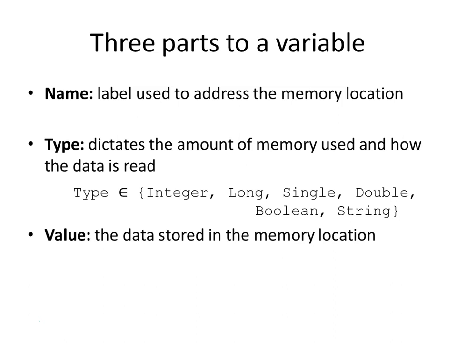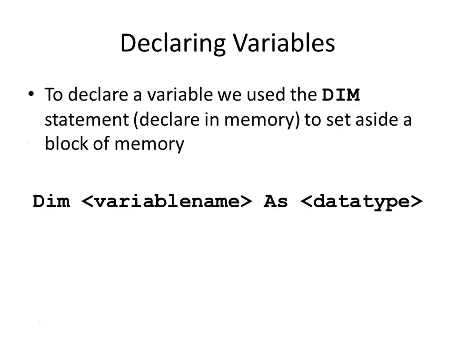You'll notice the next line on your sheet, the dim statement, has 2 of the 3 properties. It has the name and it has the data type. When we create a variable, we declare it. And an easy way to help you remember what it is in Visual Basic is to think of declare in memory.